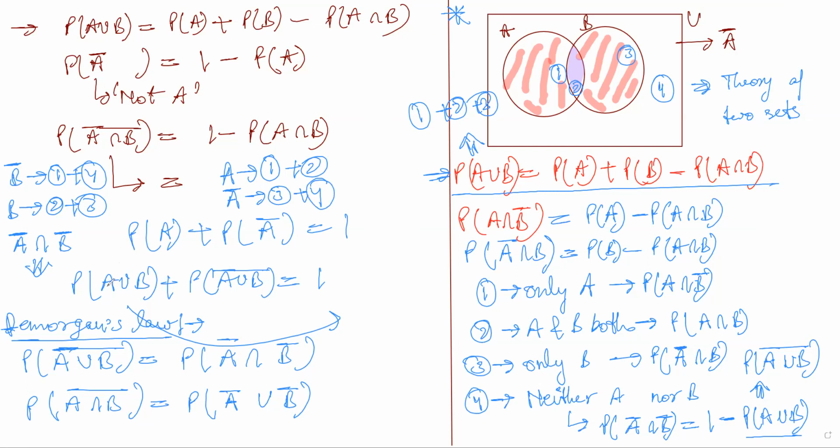A complement contains 3 and 4, and B complement contains 1 and 4. So you have to find out the common between them. 4. Right?